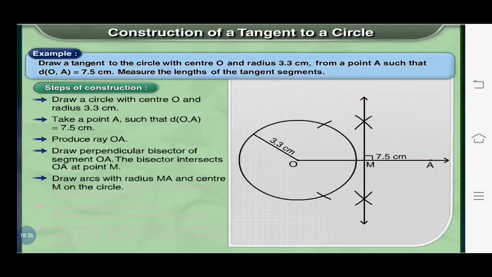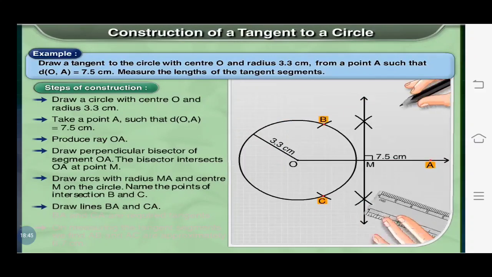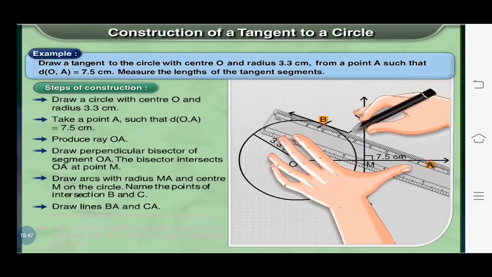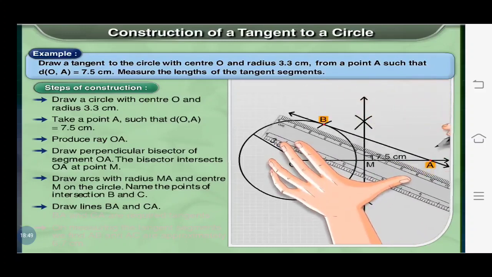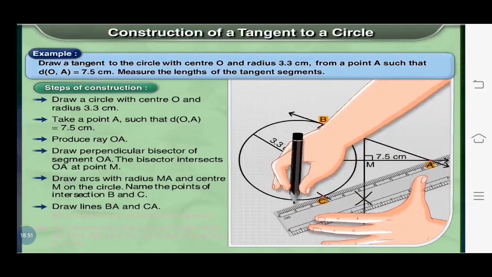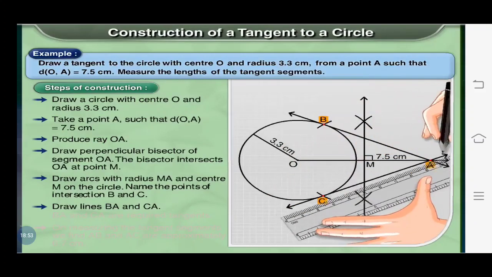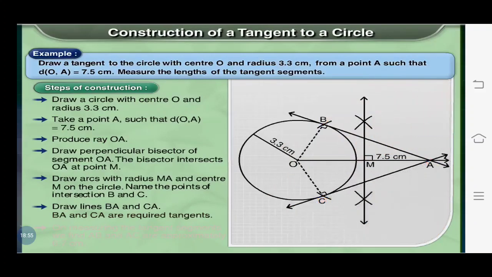Name the points of intersection B and C. Draw lines BA and CA. BA and CA are required tangents.